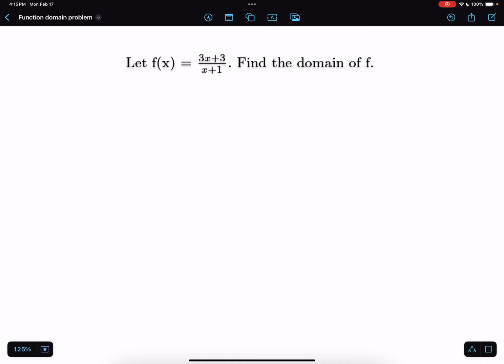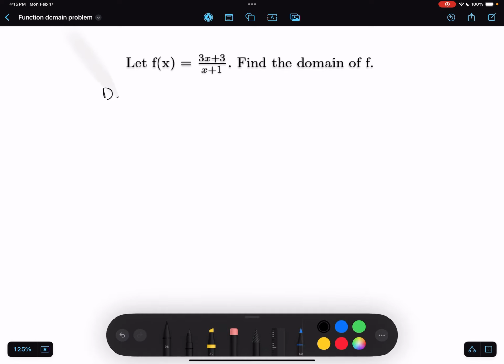Before we begin, let's define the term domain, because we need to know what it is before we solve the problem. When dealing with algebraic functions, the domain of a function is the set of all possible input values that produce a valid output.